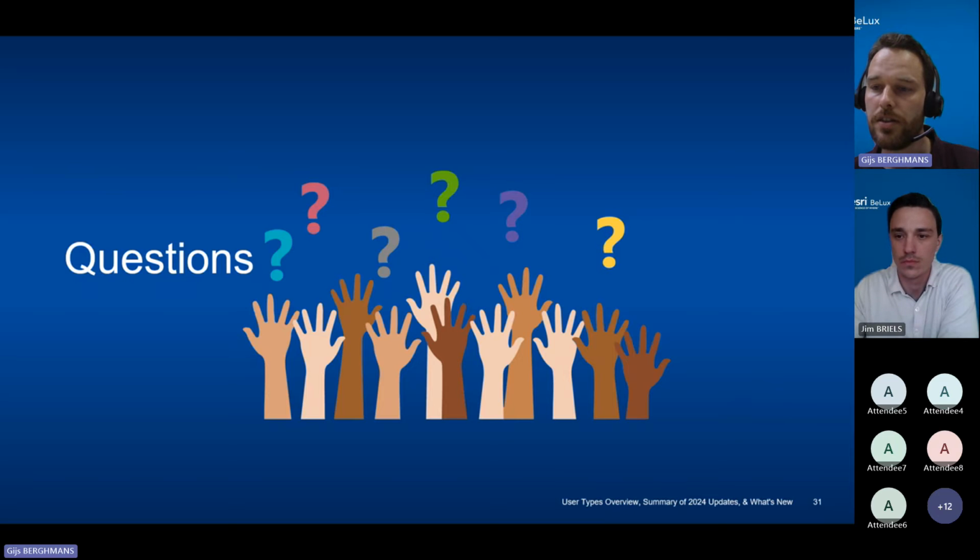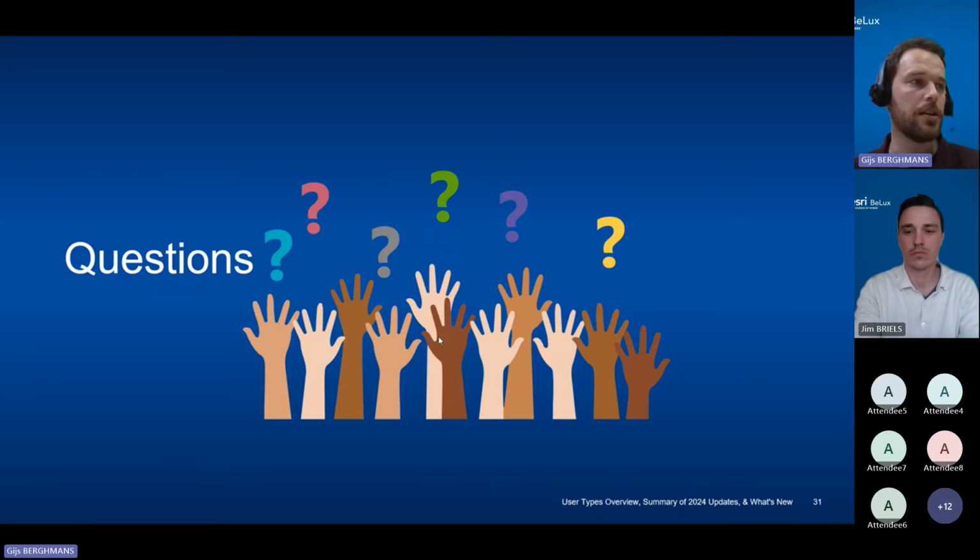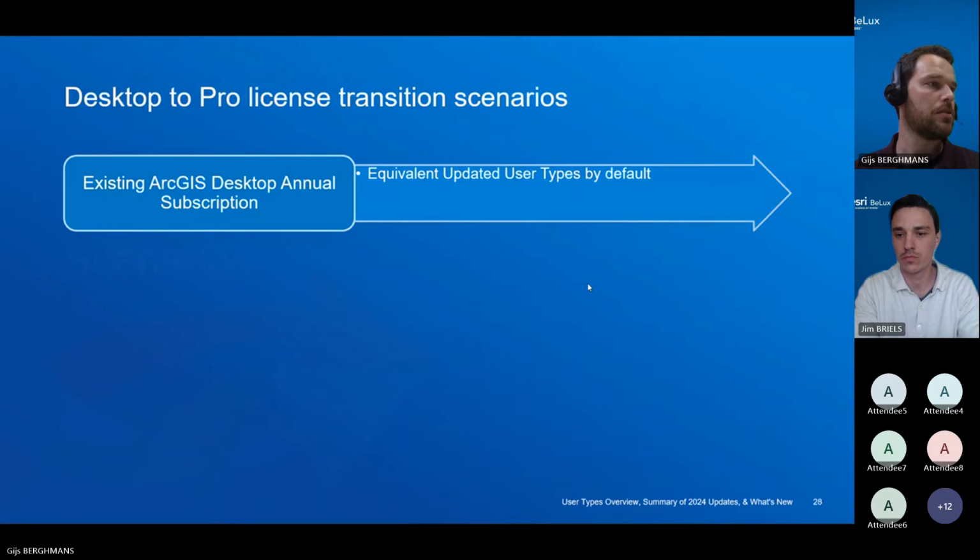And the other question is that the creator is getting big improvements with the new licenses. Does the current professional basic now have less capabilities? No, because, maybe I can go back to the slides.